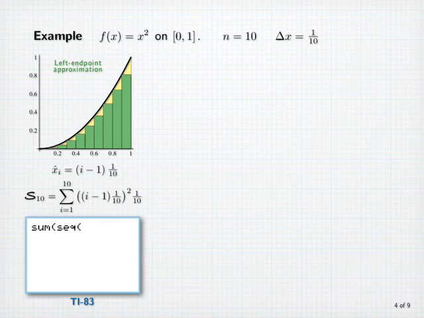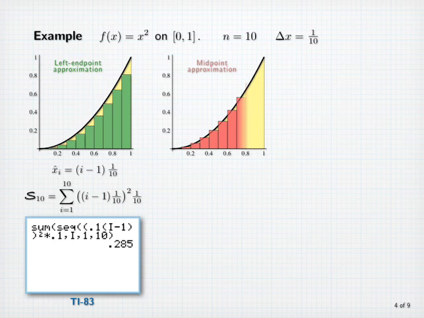The rest is straightforward. We type in the formula 1/10 times i minus 1 quantity squared times 1/10, and then type comma i, comma 1, comma 10 to indicate that we want i to go from 1 to 10. Then we press enter, and we find that the sum is 0.285.